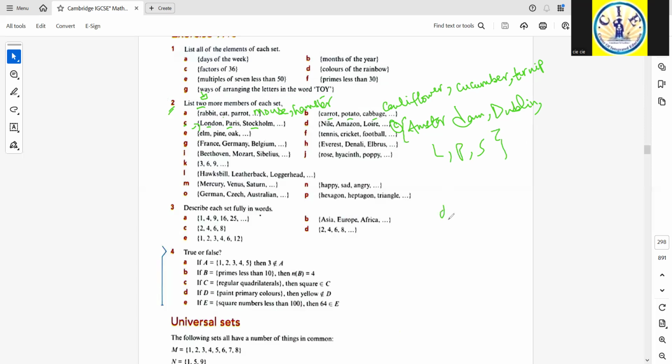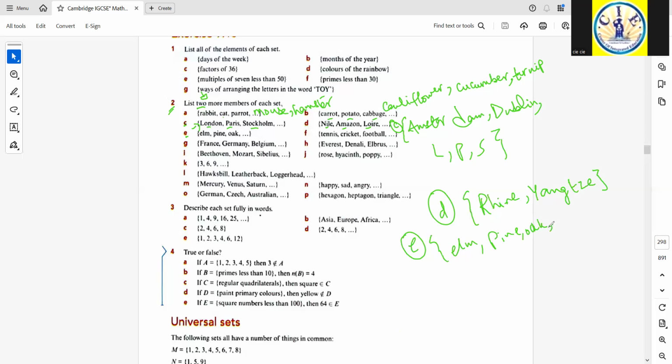Then for part D, we have got Nile, Amazon, Loire. These could be Rhine or Yangtze. Similarly, in part E, we have these different types of trees: pine, oak.